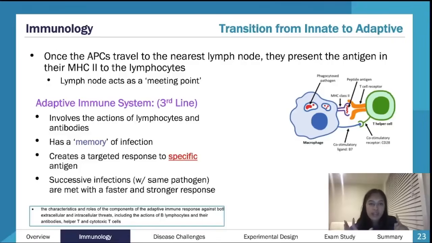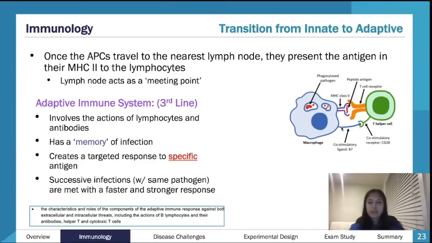So now we're saying, okay, this is the Salmonella bacteria, this is E. coli, this is strep, whatever it is. And we're showing this name tag to the T helper cell. The macrophage or the dendritic cell is saying, the innate cells, we've tried our best, but we need something more targeted here. That's the idea that we're going with.